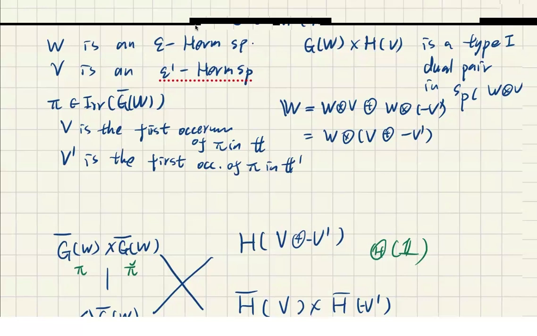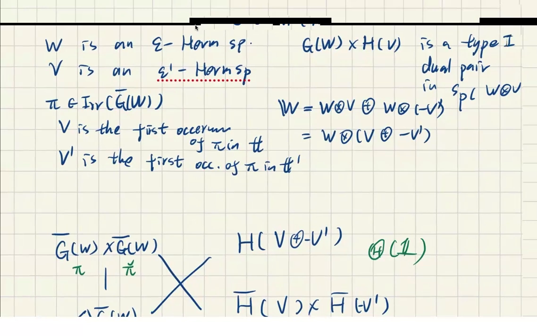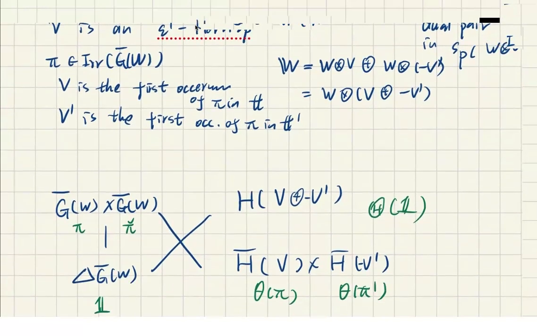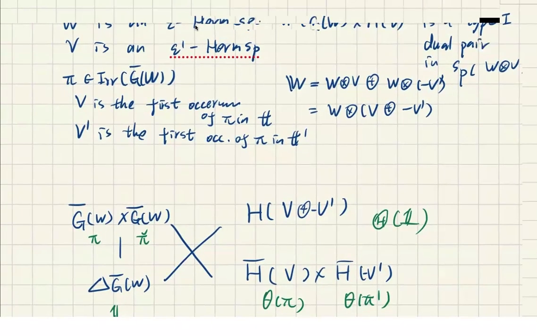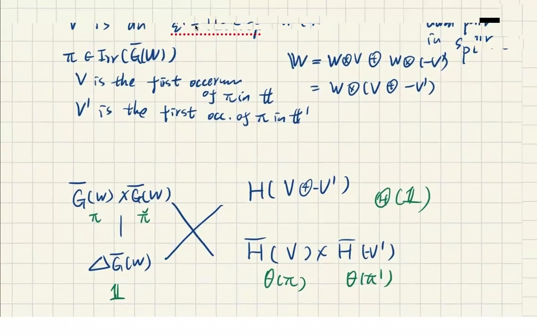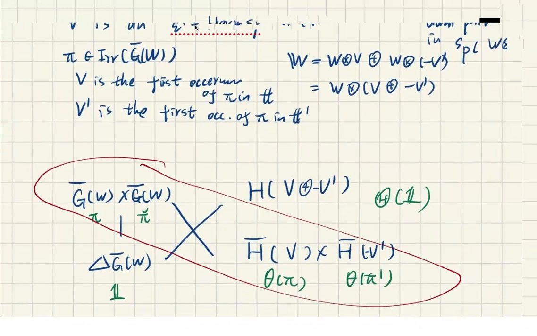Okay, so on one hand, this G bar W actually diagonally sits in G W cross G W. So we have two dual pairs. One reductive dual pair is a non-irreducible dual pair. This is this one. Okay, this G W pair with this H V and this G W pair with H minus V prime.